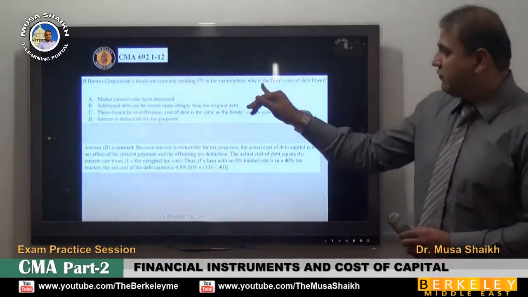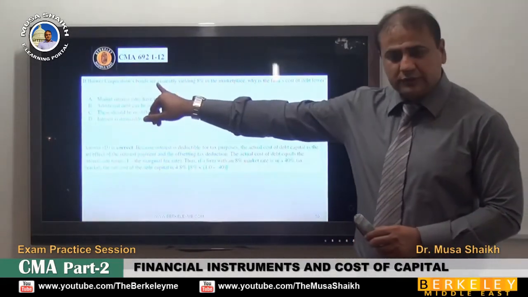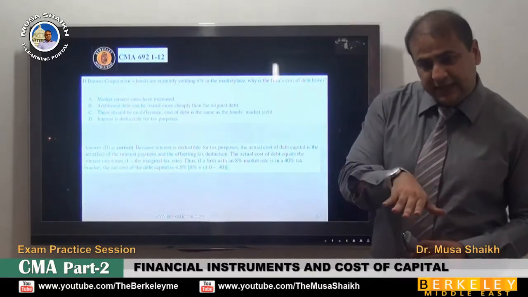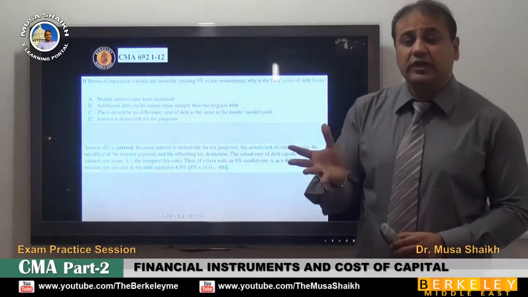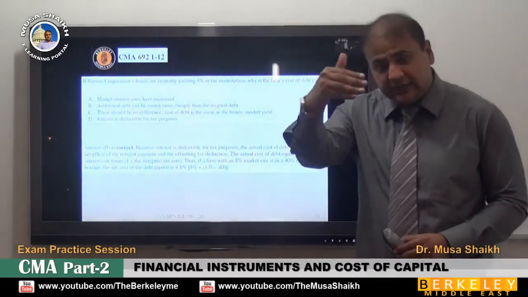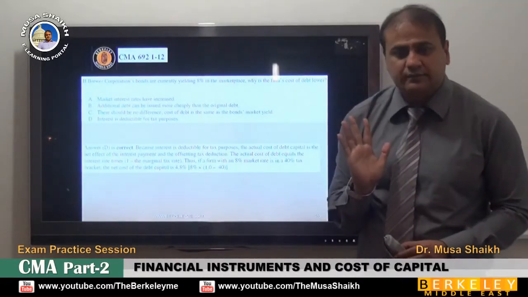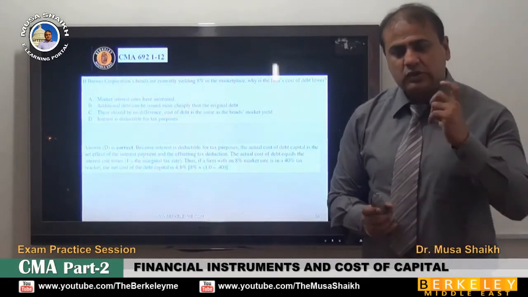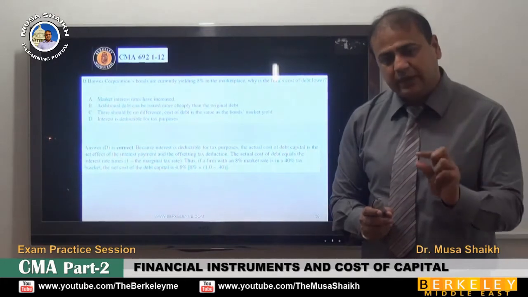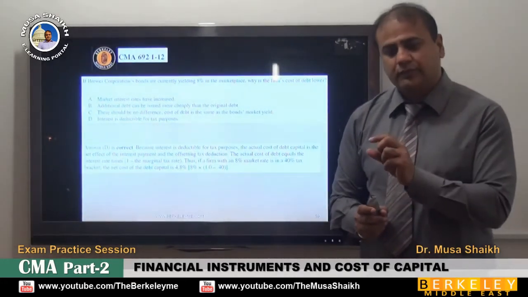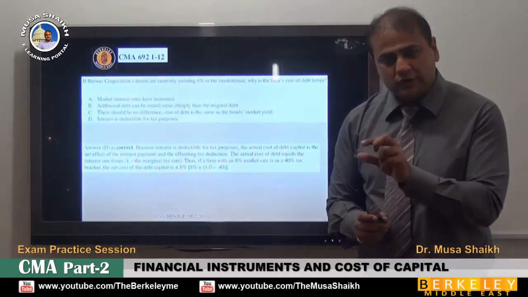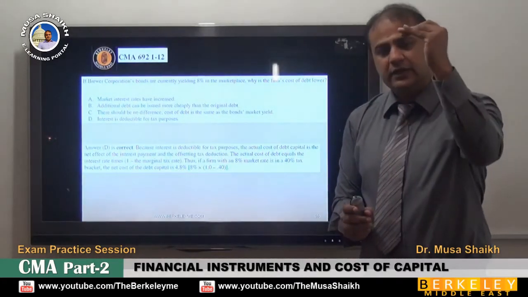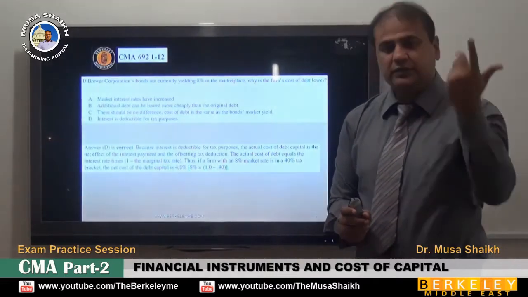That's why when we issue bonds, our cost of capital will be less. When we issue equity, it will be higher than bonds. So we can conclude that cost of capital through liabilities or bonds is less than cost of capital from equity.